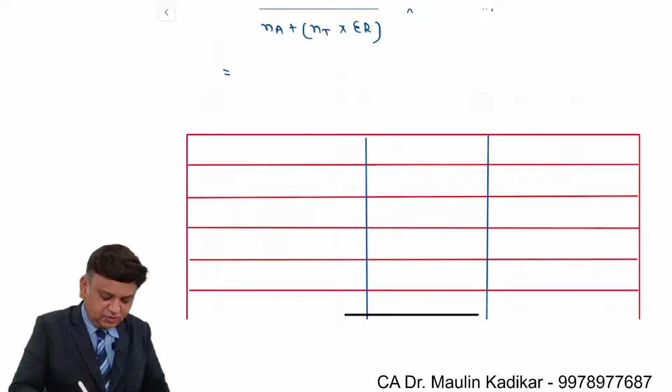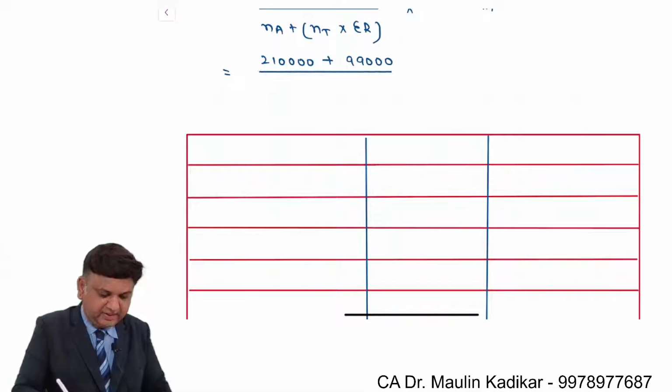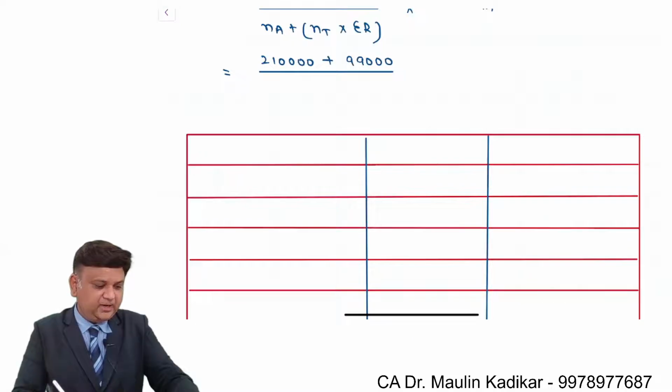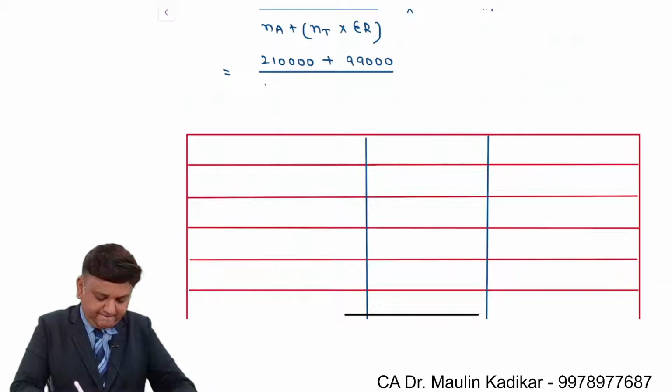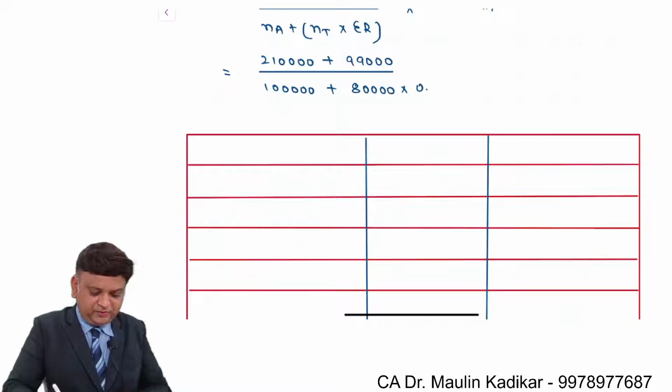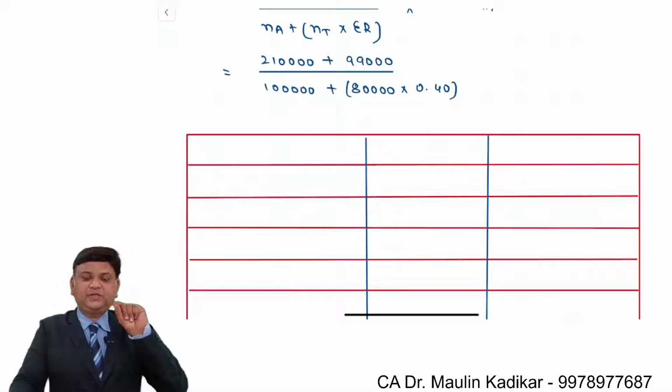So it is 2,10,000 plus 99,000 divided by number of equity shares of A Limited, which are 1 lakh. Number of shares of T Limited are 80,000 into exchange ratio is 0.40. And you can see that the 0.40 is given to us near to 0.375.